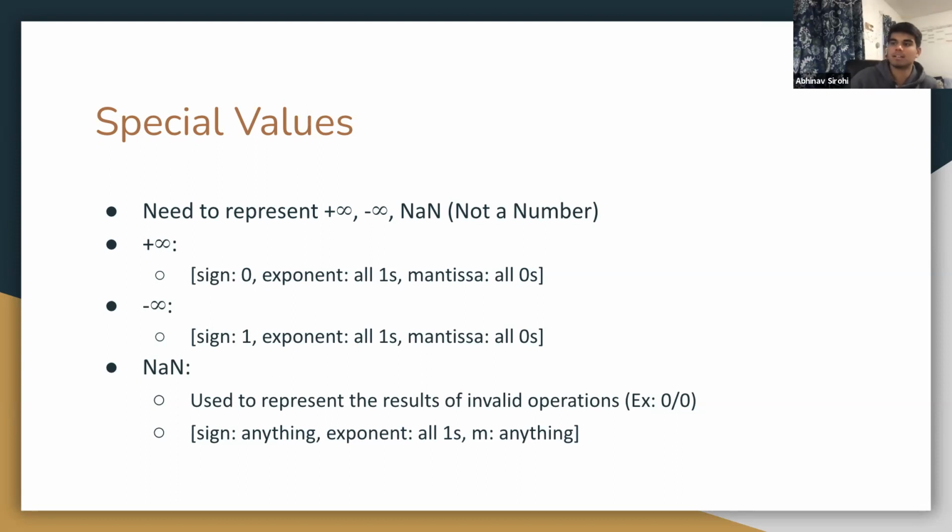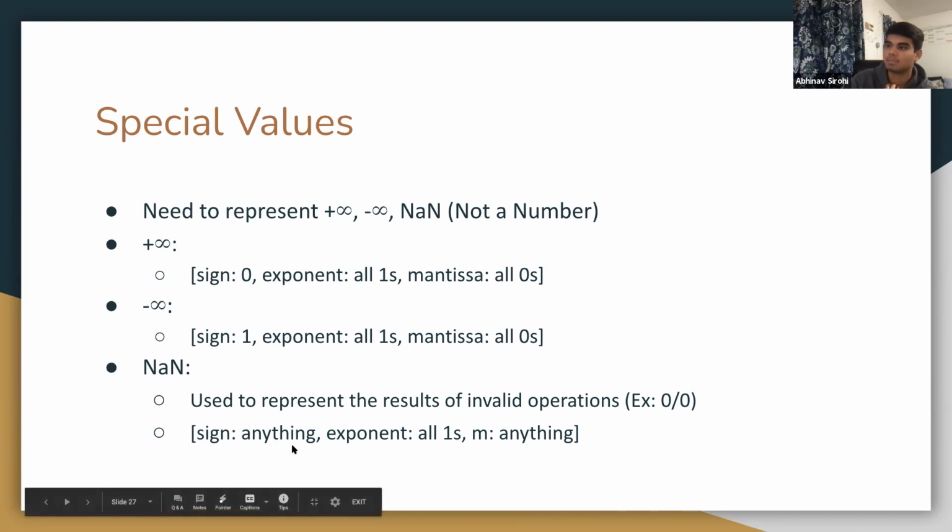And then we also have not a number. That's used to represent the results of invalid operations. So if you do something like 0 divided by 0, you need to output something that tells the user that they did something incorrect, and NaN can represent that value.